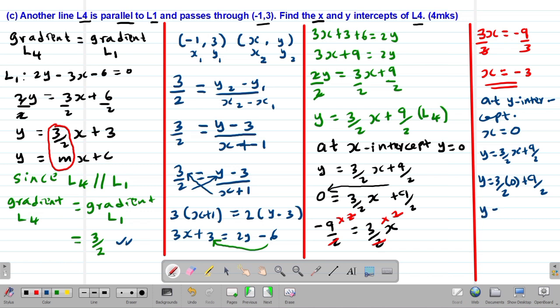So y equals 0 plus 9 over 2, which means that y is equal to 9 divided by 2, which is 4.5. Therefore, our y-intercept is 4.5. Those are the x and the y-intercepts of the line L4.